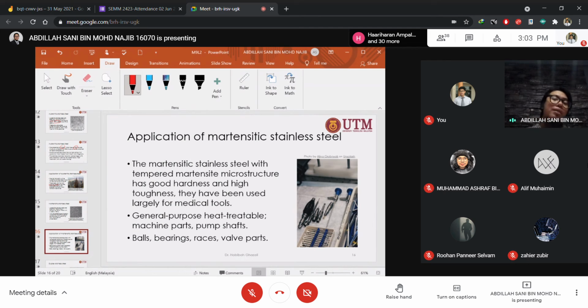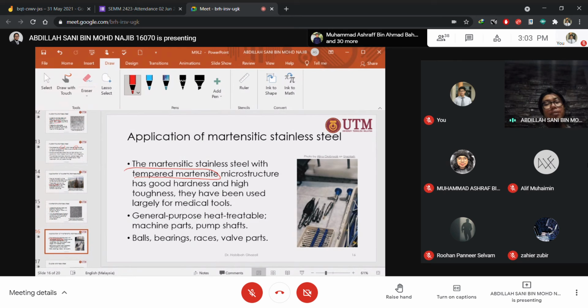They have been used largely for medical tools. Apart from good hardness, it also maintains toughness. It doesn't become full martensite and brittle, but instead it has tempered martensite, so it retains some ductility to be tough.